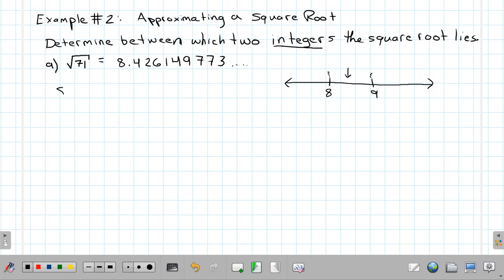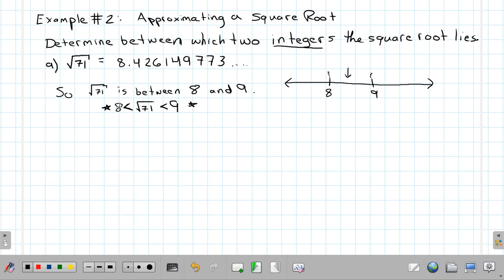So the square root of 71 is between 8 and 9. And sometimes you'll see it written like this: 8 is less than the square root of 71, which is less than 9.